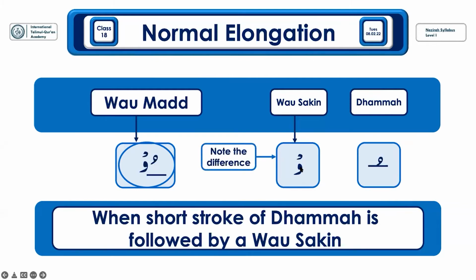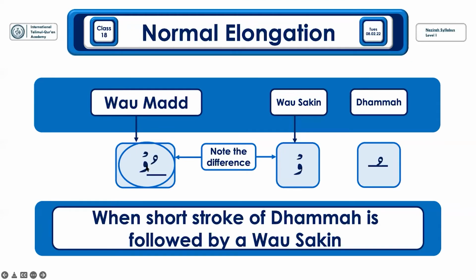You have to know the difference between a waw sakin and a waw mad. The waw sakin, as you can see over here, is a waw carrying a sukoon. Any waw carrying a sukoon is a waw sakin, and you will do the sound only for 1 second.